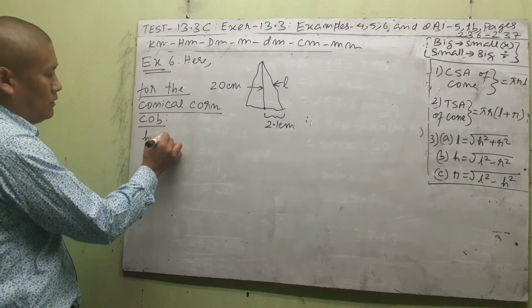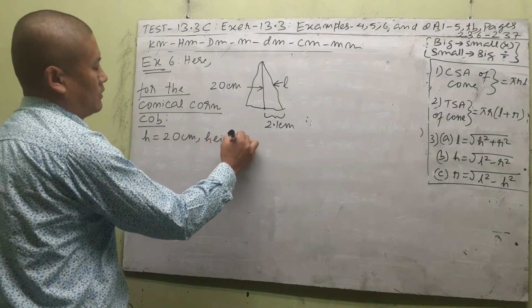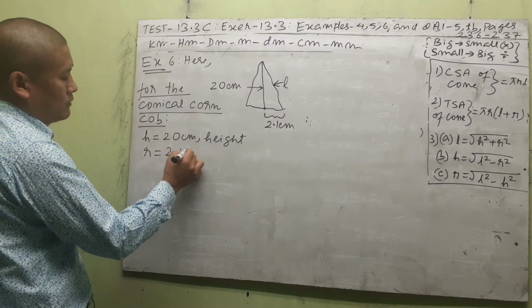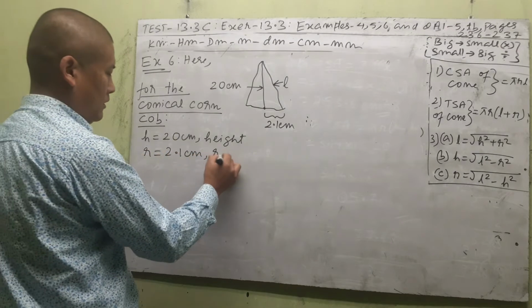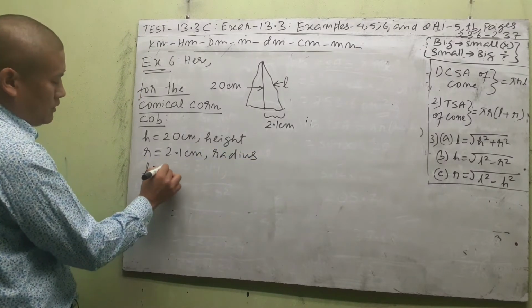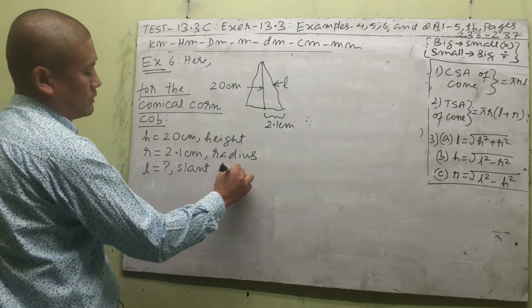H, the height, is approximately 20 centimeter. R, the radius of the broadest part, is 2.1 centimeter. And L, question mark, is the supposed slant height.